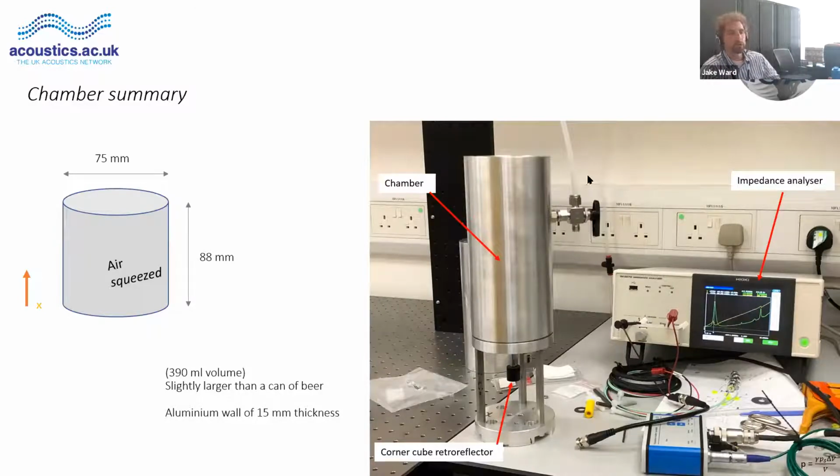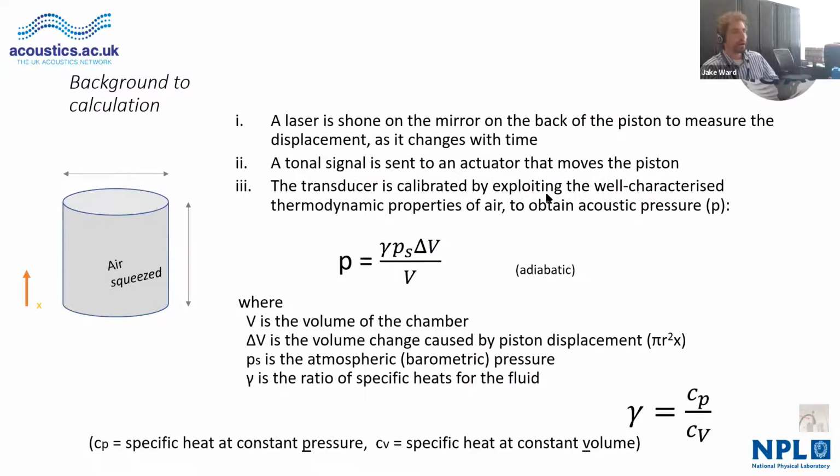And here you can also see we have the ability to pressurize the hydrophone with an air feed, so that helps pin down the equation, because the equation involved in interpreting the displacement of the piston to the pressure in the chamber involves the atmospheric pressure, so 101 kilopascals at sea level, and also gamma, which is the ratio of specific heats at constant pressure and constant volume.